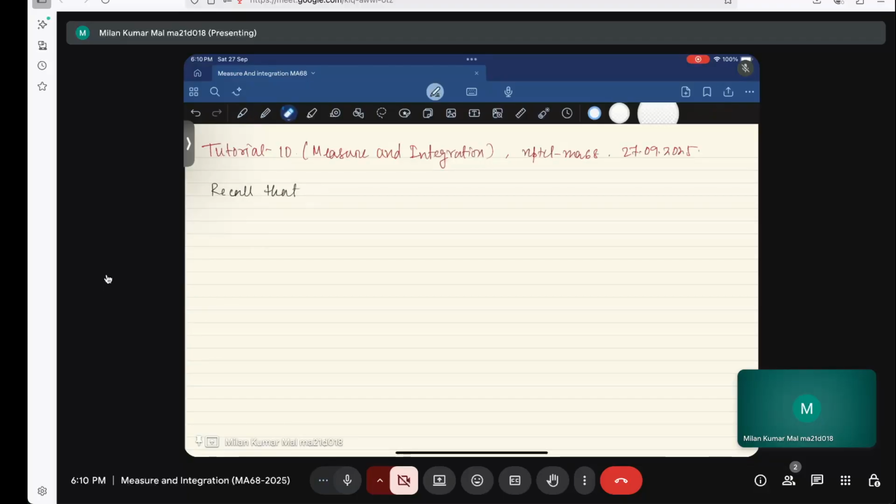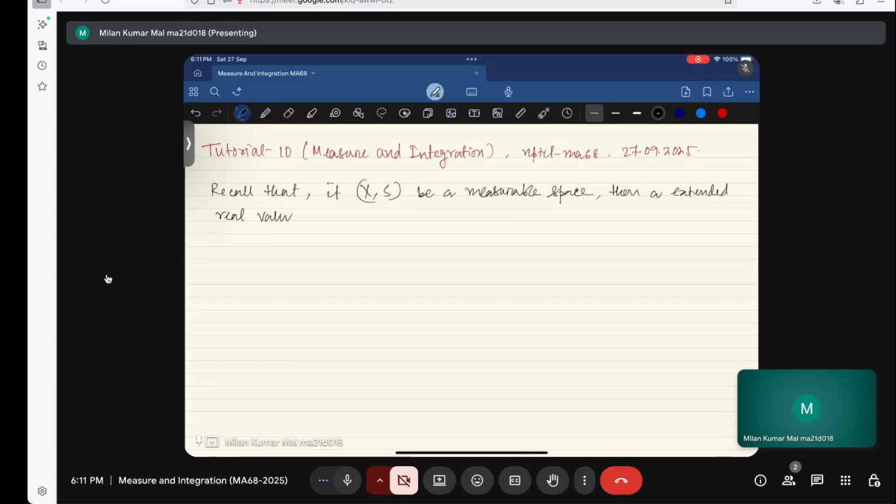Let X be a measurable space, that means X is a non-empty set and S is a sigma algebra of subsets of X. Then an extended real valued set function mu on S is said to be a signed measure if it satisfies the following three conditions. What are those three conditions?